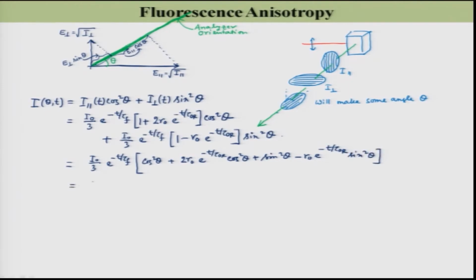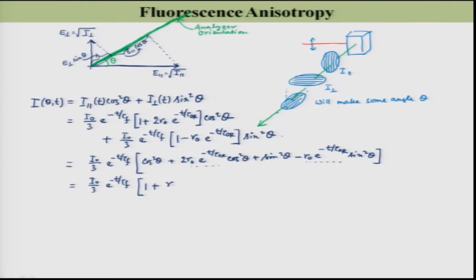So, I can rewrite this as I 0 by 3 e to the power minus t by tau f. This is a very important thing I am doing now. So, here you see cos square theta plus sin square theta. So, I have 1 plus, and let me take r 0 out of this part, right.